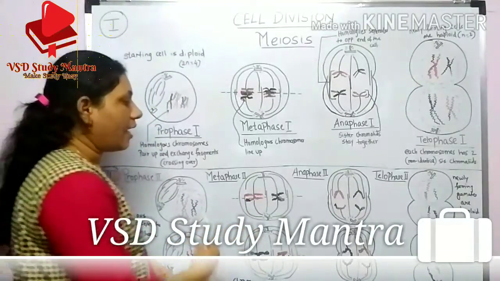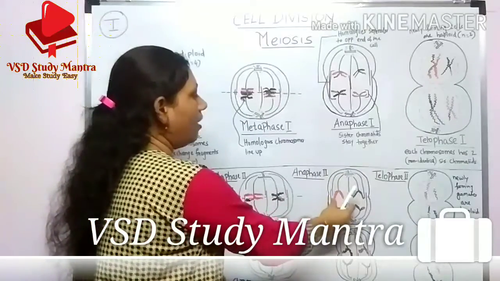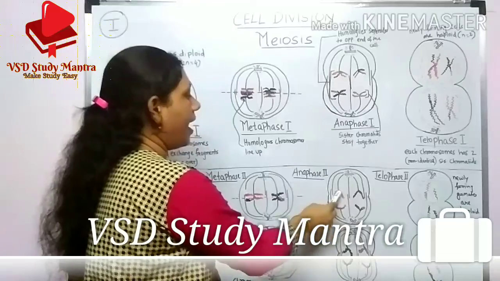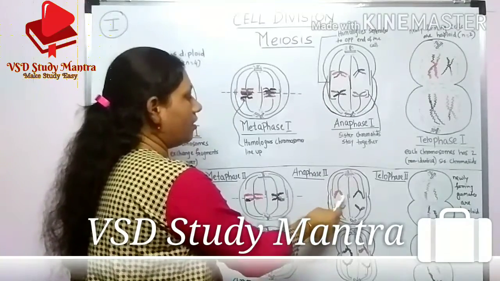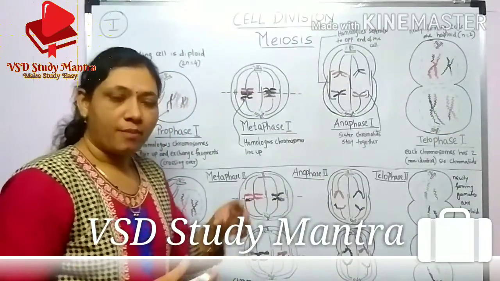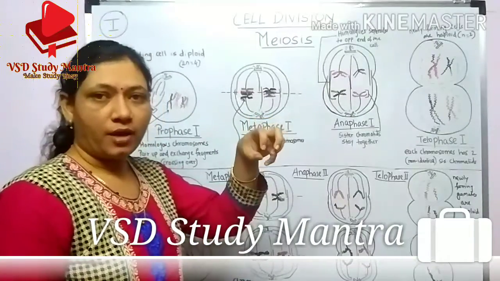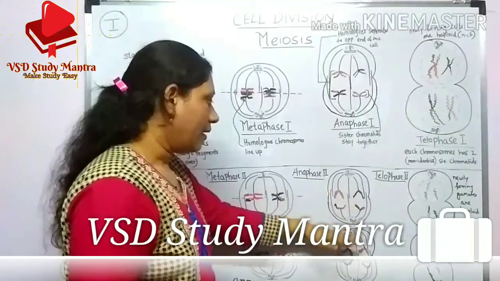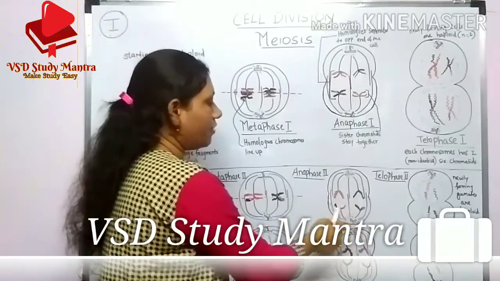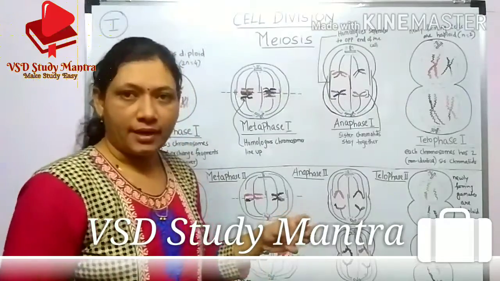In anaphase, the cell becomes constricted at the center, and the chromosomes attached to the spindle fibers pull the centromere and get separated; the sister chromatids are separated.